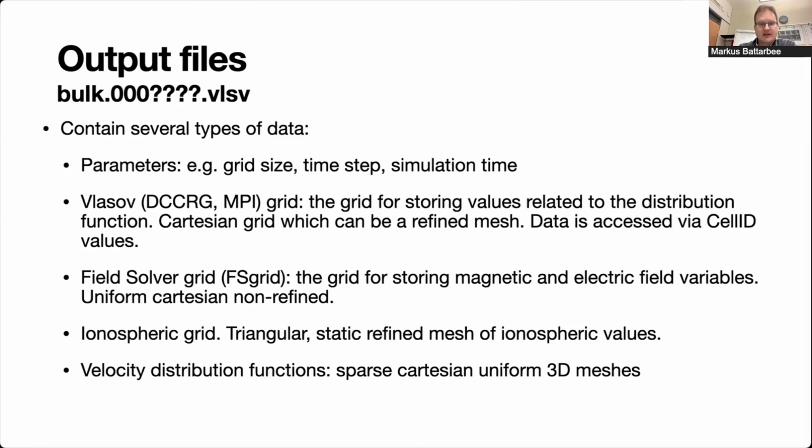It will be in potentially different parts of the file depending on how the data is decomposed to the MPI tasks. And the field solver grid is used for storing magnetic and electric field variables, but also could be used for storing, for example, moments which are communicated and used in solving the magnetic and electric fields. It's a uniform Cartesian non-refined grid, which means that if you have a large 6-dimensional simulation, the FS grid also gets really large.